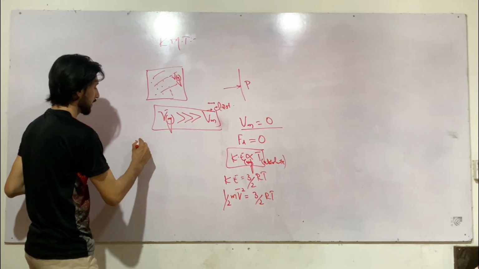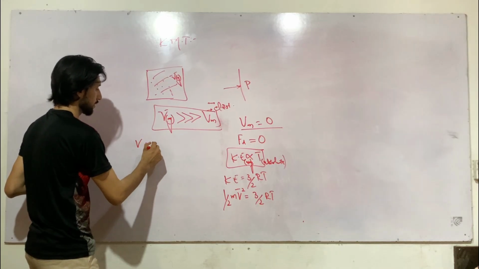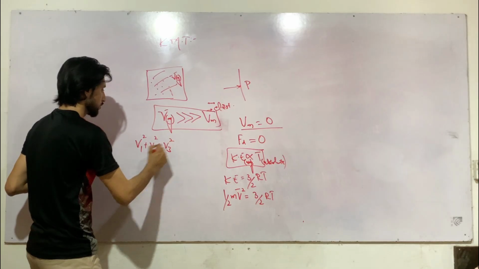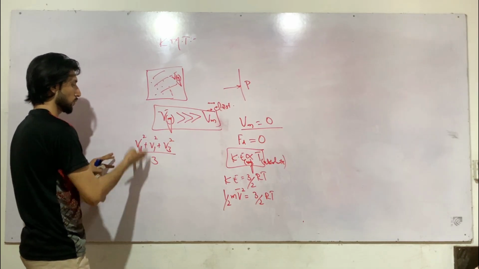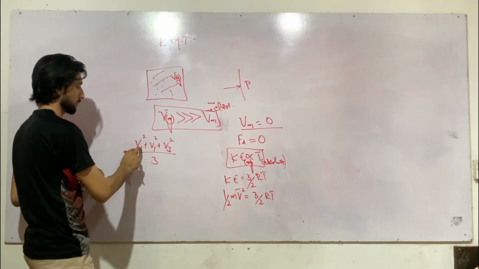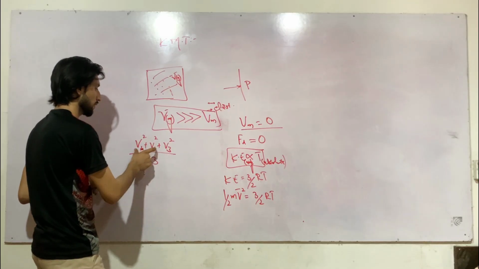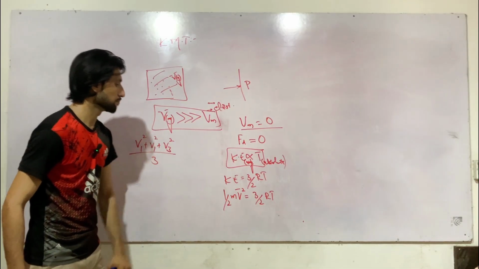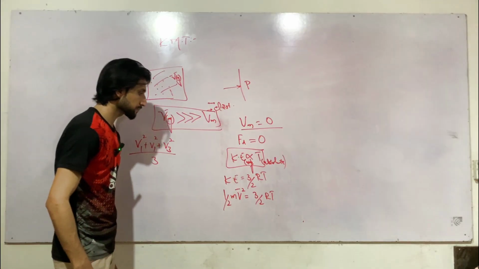I have taken all the velocities, squares of the velocities v1, v2, v3, squared, and divided by the number of the molecules. So this is the mean squared velocity.